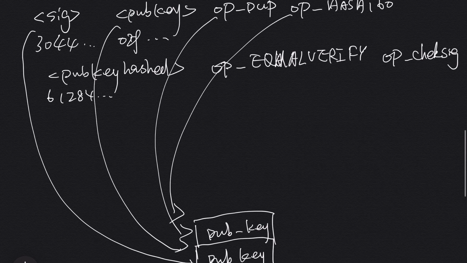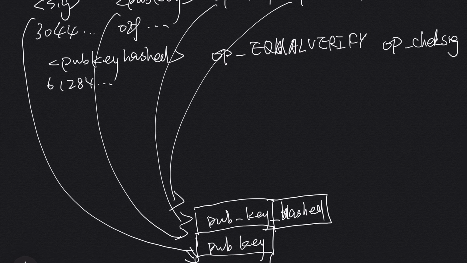Once that is executed, the top of the stack is not the public key anymore. That is the public key which is hashed. So that's the data which is in the output transaction. Whoever wants to send a Bitcoin is providing the hashed public key they want to send to. So this is from the script of the output.